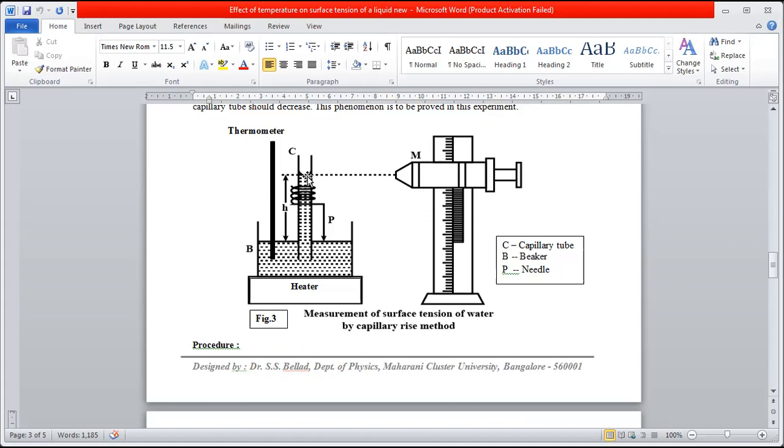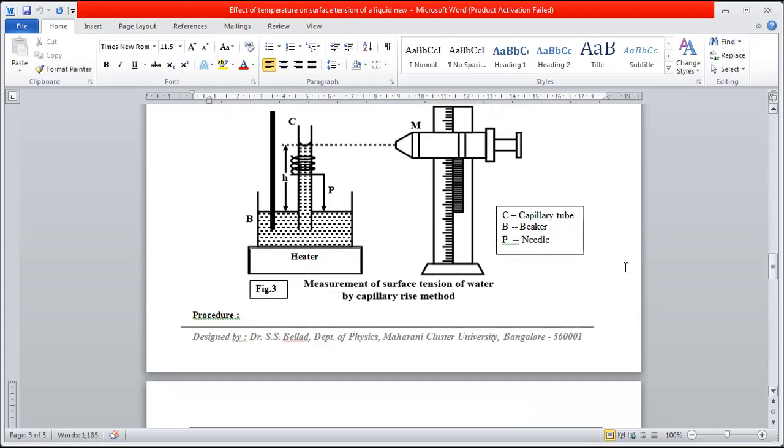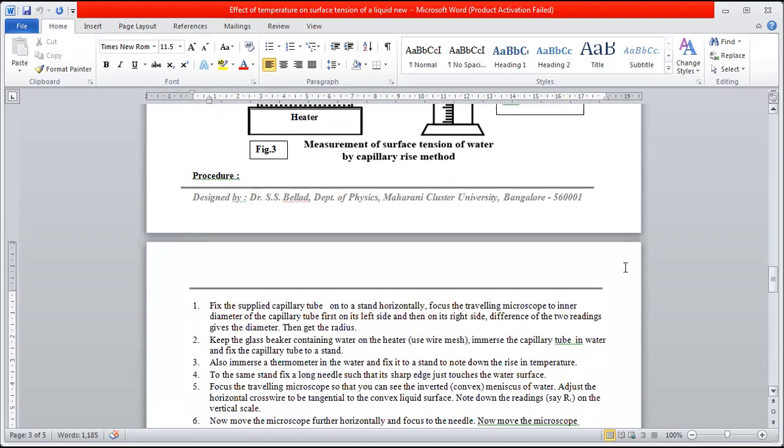This meniscus is to be watched by this traveling microscope. This is the vertical scale, and this is the telescope. We are focusing the traveling microscope on this meniscus, and we can get some readings. So in this simple way, you can arrange the things so that this experiment is done.